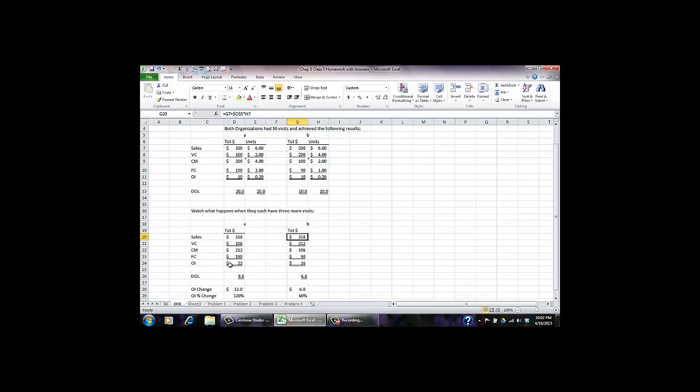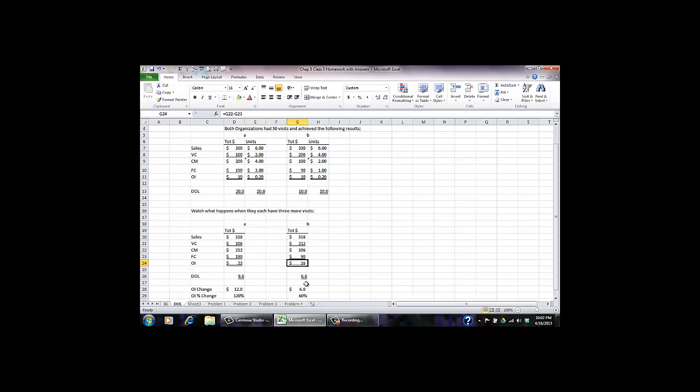So now look what happens. The operating income went from 10 to 22 with those three additional visits. Wow. That's an increase of $12. Over here, they went from 10 to 16.